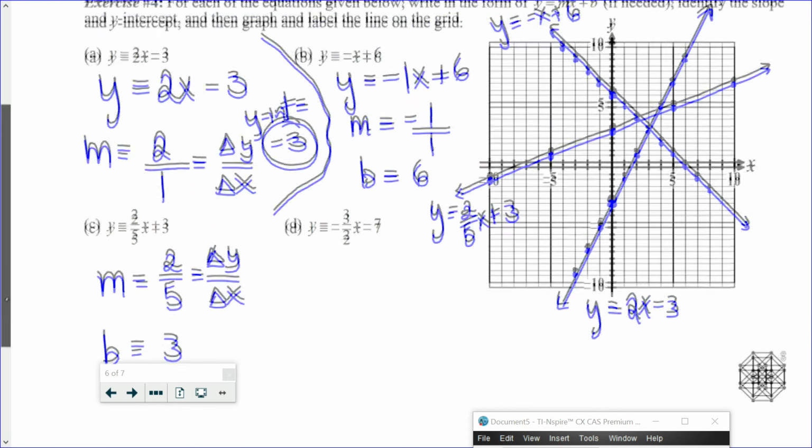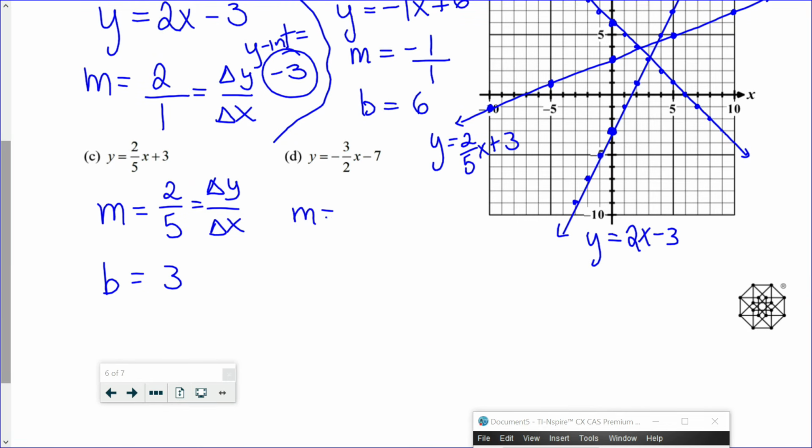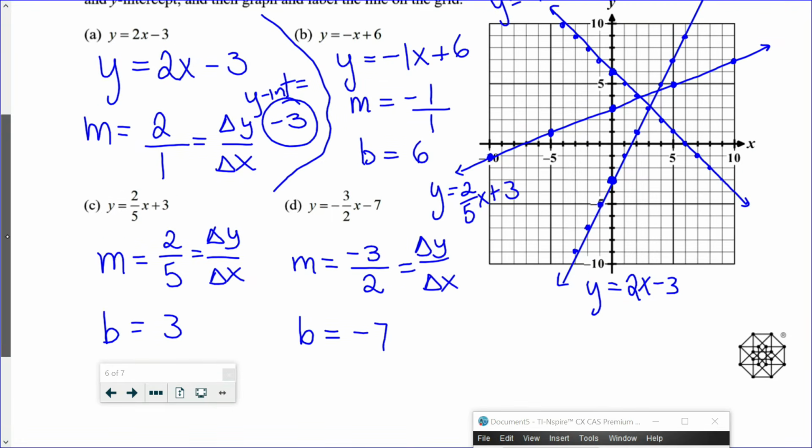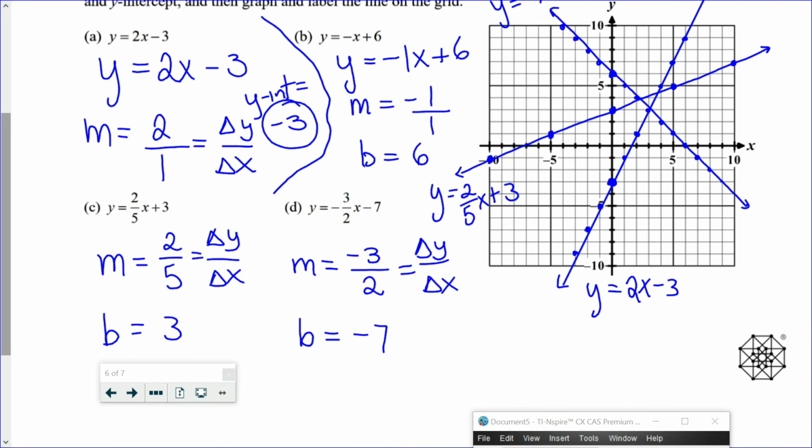And finally, for letter D, the slope is going to be negative 3 divided by 2. The y-intercept is going to be negative 7, again telling me that for every 2 units I go to the right, I'm going to go 3 units down. So if I'm out here at b equals negative 7, I'm going to go 2 units to the right and 3 units down. And I'm going to run out of graph paper really quick, right?